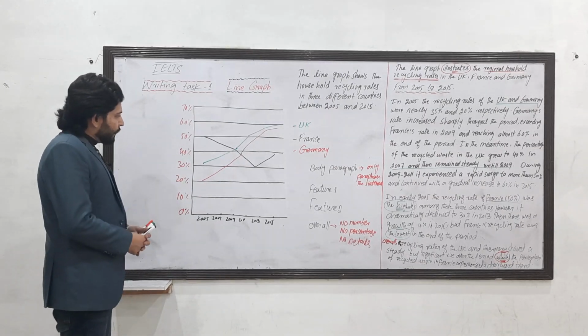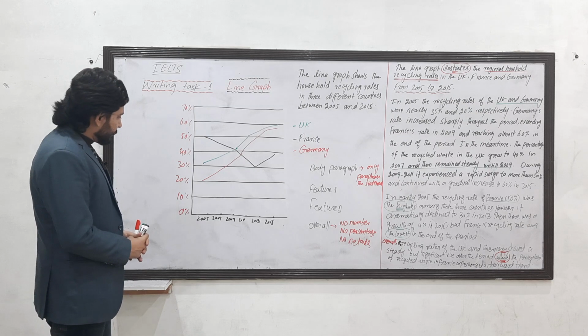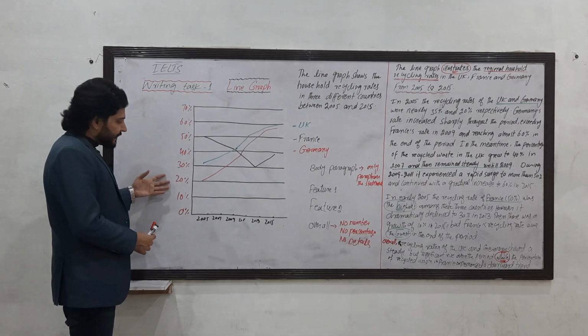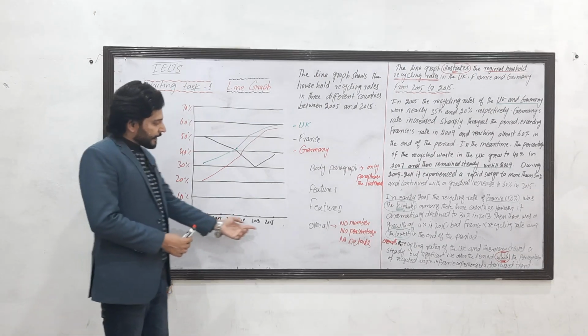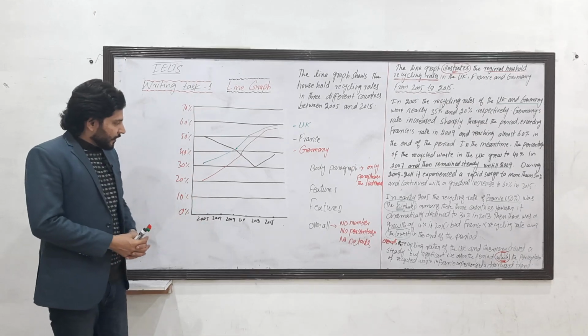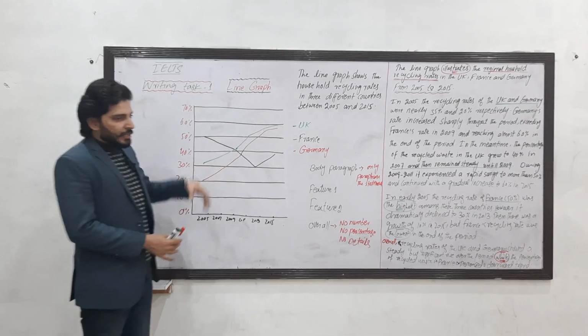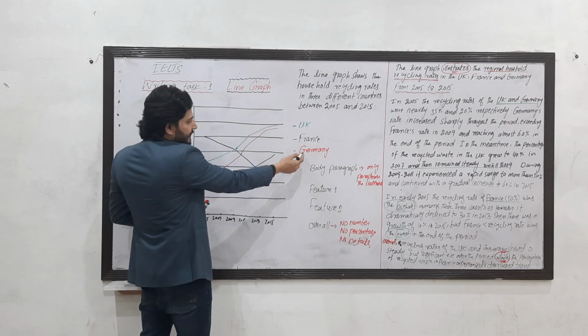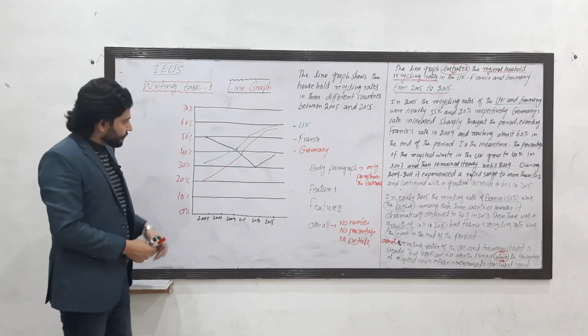First of all, we'll look at the graph. Percentages are given on y-axis and years are given on x-axis. There are three countries: UK, France and Germany.